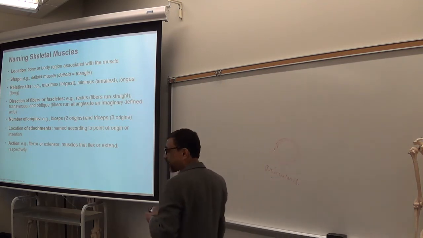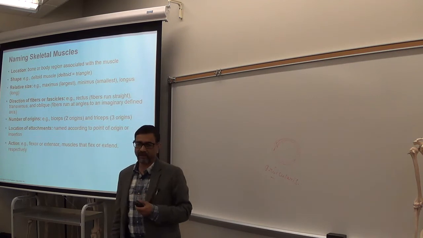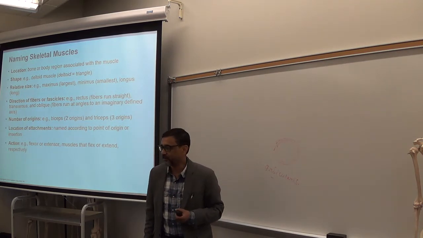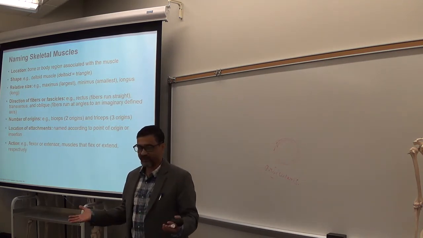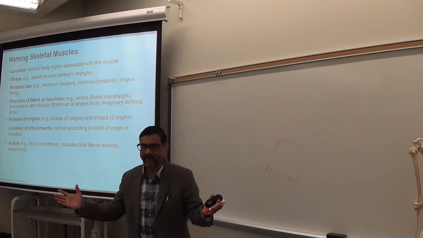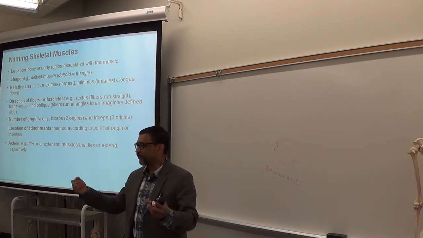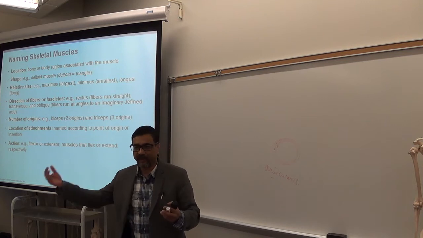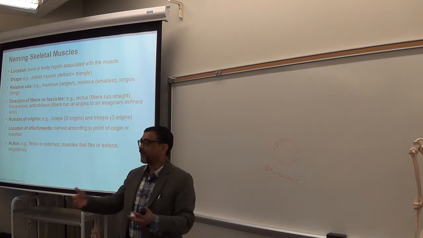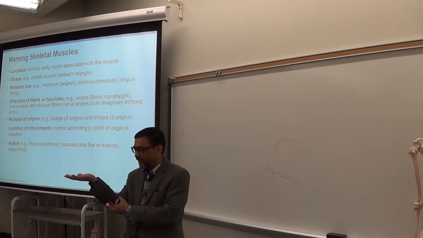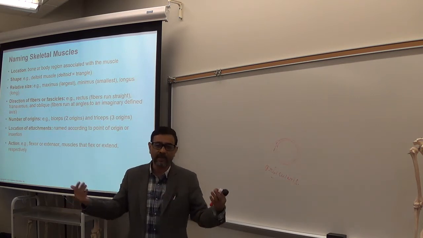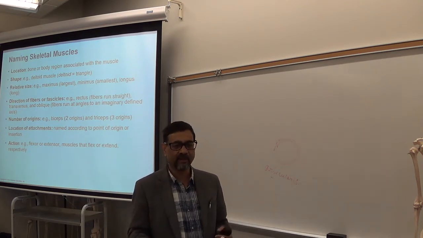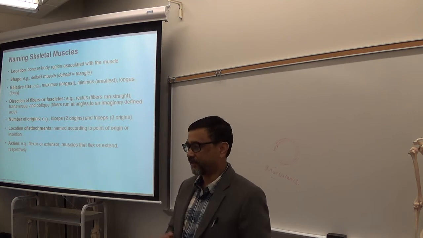Action. Many muscles are named by their actions. For example, flexors. There are many flexors, right? Flexor carpi radialis, flexor carpi ulnaris, flexor digitorum, extensors. They do extension, right? Extensor carpi ulnaris, extensor digitorum. We have abductors.